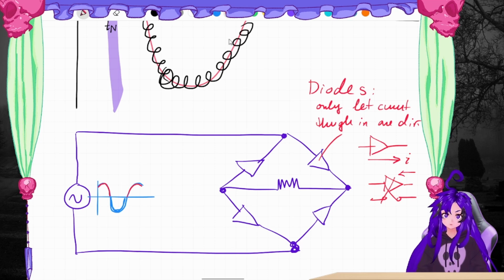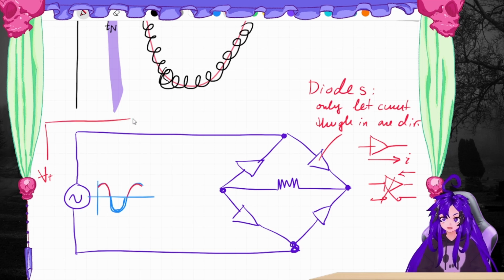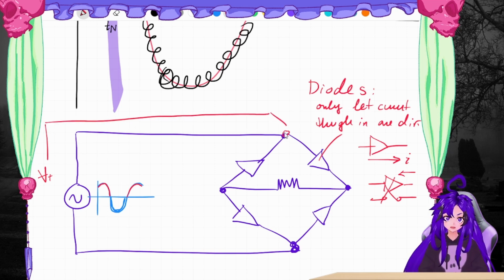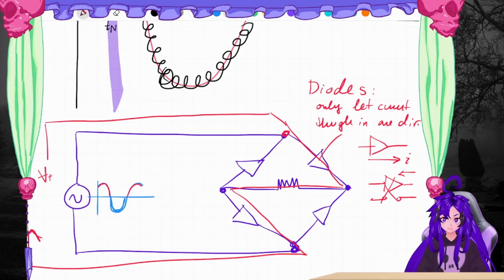So what happens when it's positive? If you've got V positive, it's going to come up in one direction, and it's going to hit this node, and this is an open circuit, so it's going down this way, and then it'll cross back here, and it goes this way. But only on the positive side.